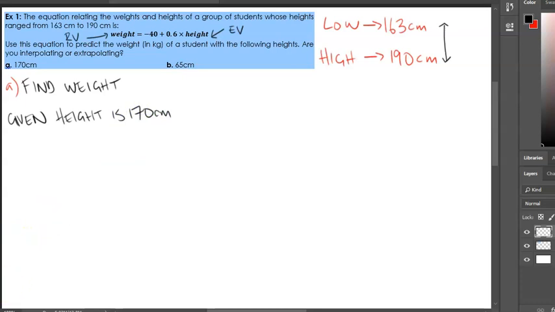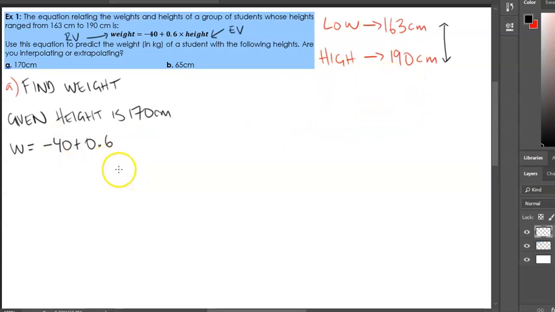So our equation, I'm going to use W for weight. So W is equal to -40 plus 0.6. Now it's key to note that you can have a negative y-intercept, or in this case w-intercept. This is possible, okay? Because it's just based on the provided data and the type of variables that we get within the data.